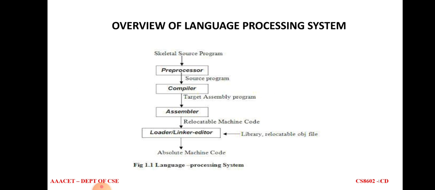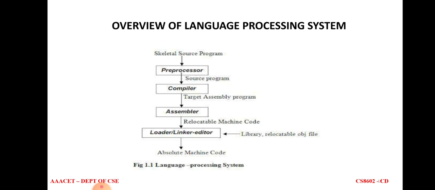Skeletal is nothing but a piece of the source program. There may be multiple modules or pieces of the given source program. Using the preprocessor, all pieces or modules are combined into one whole, so the preprocessor produces the source program as a whole.